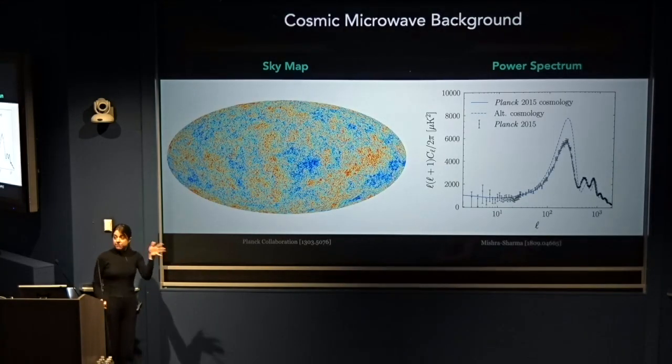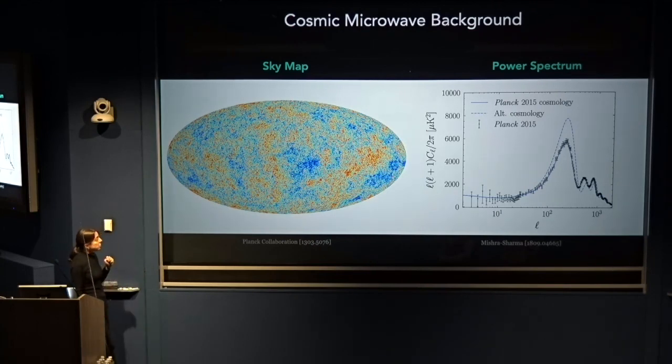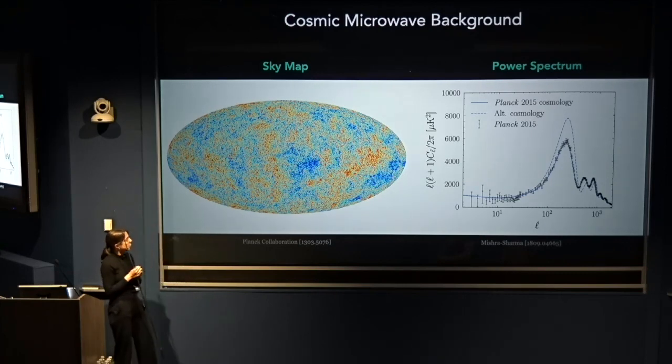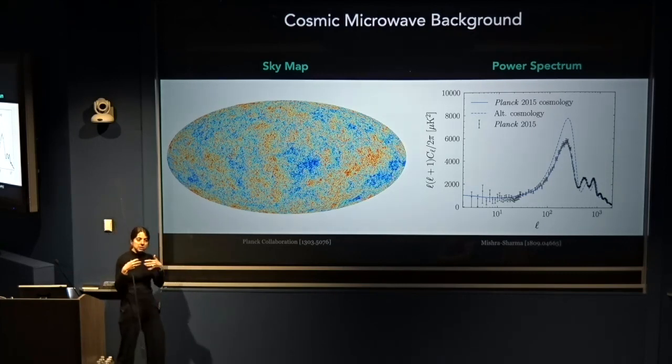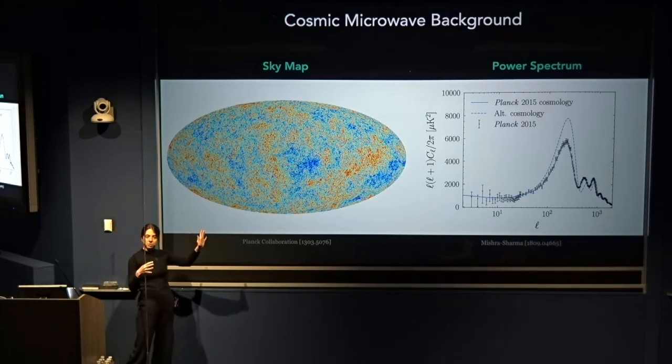If we go even further back in time, to the point where the universe was only 380,000 years old, at that point in time, hydrogen was just being formed, and that's essentially the point in time when photons and light stopped scattering and just started free streaming towards us today.